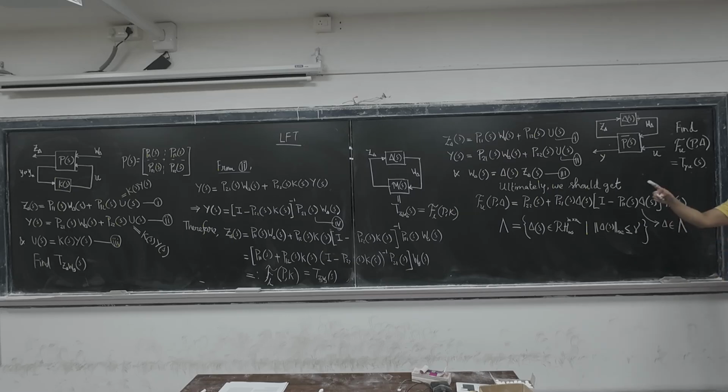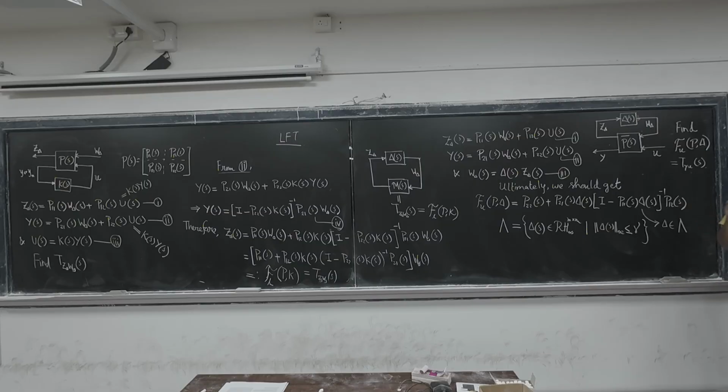Up to when you are finding FL, we have simply kept aside delta, right? Because up to that much we were checking only robustness. Once the robustness part is over, then you have to verify the performance. You have designed the K not only subject to robustness, but some performance criteria were also there, right?